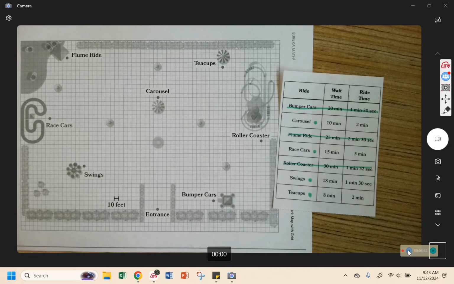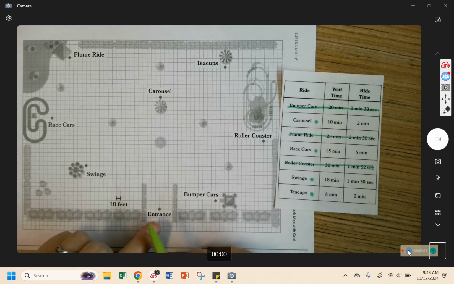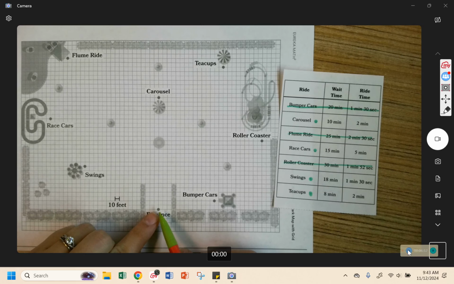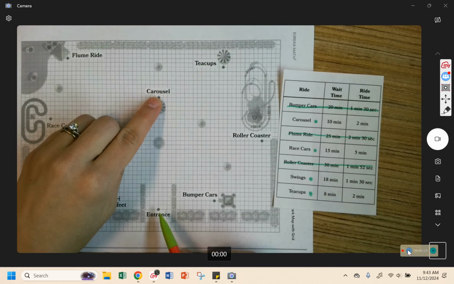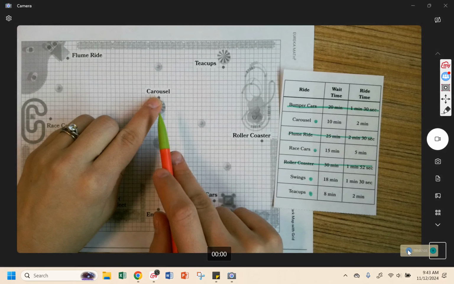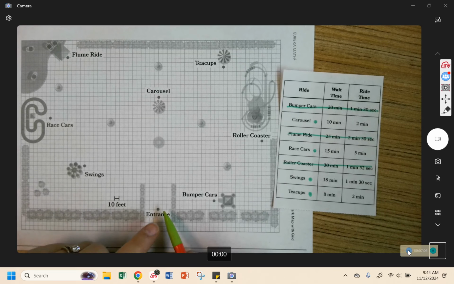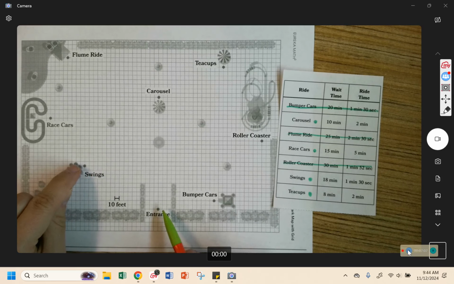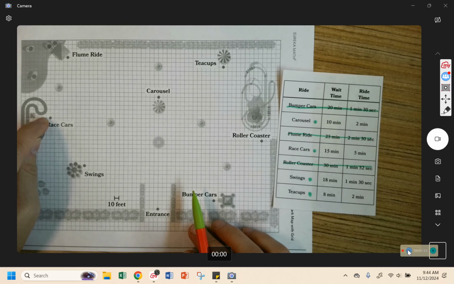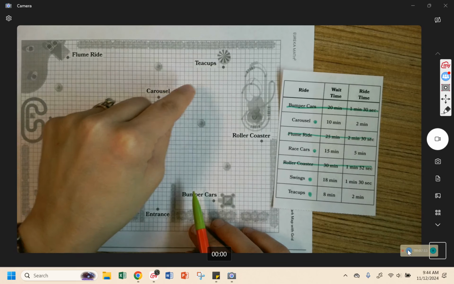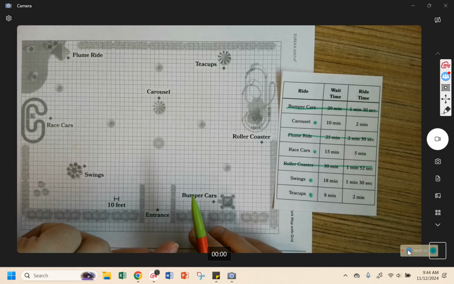Now, I have to think about the path I take. Do I go straight from the entrance to the carousel and then over to the teacups? Do I go to the swings first and then to the race cars, the carousel, the teacups, and back?